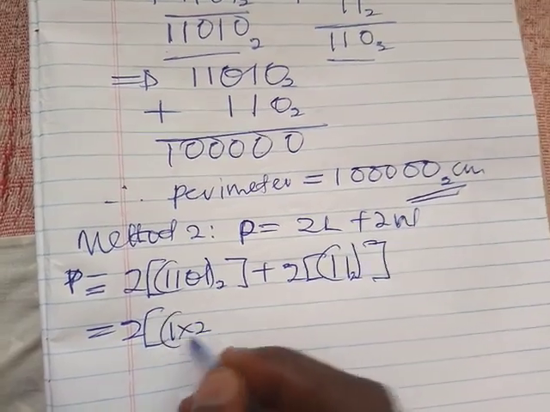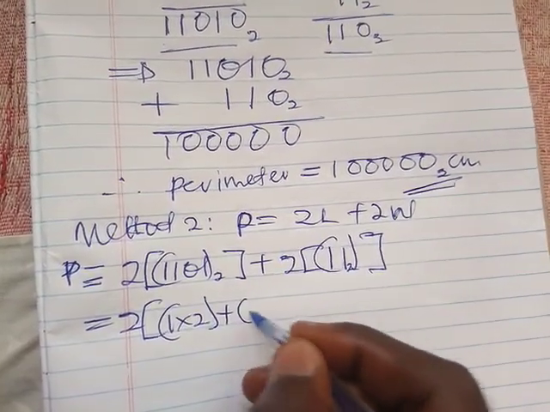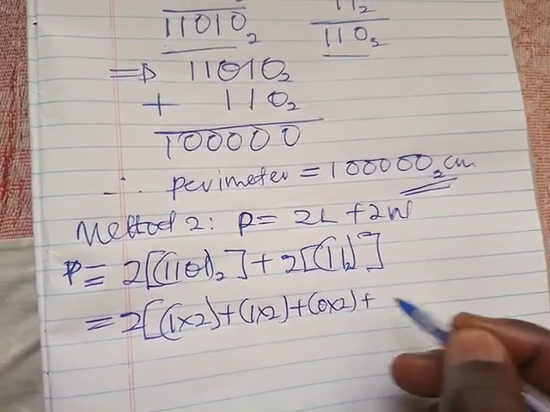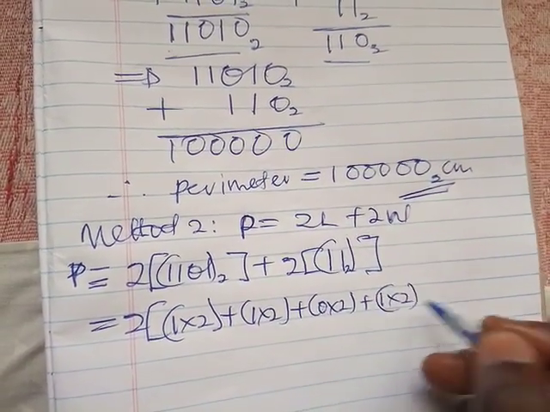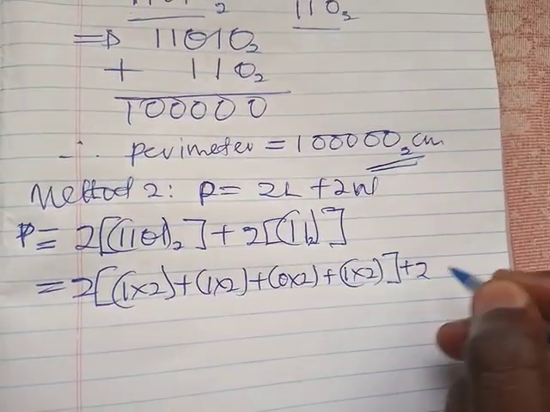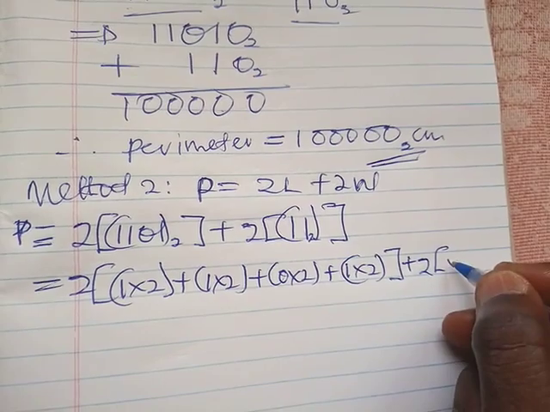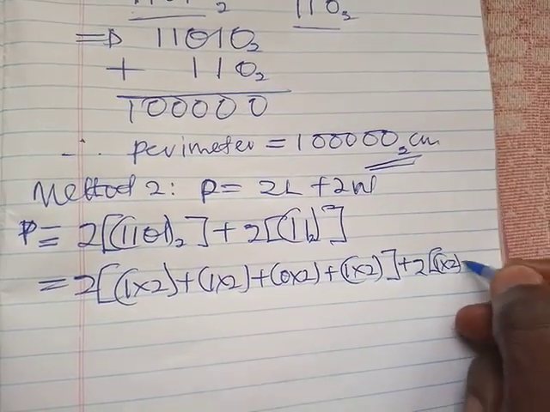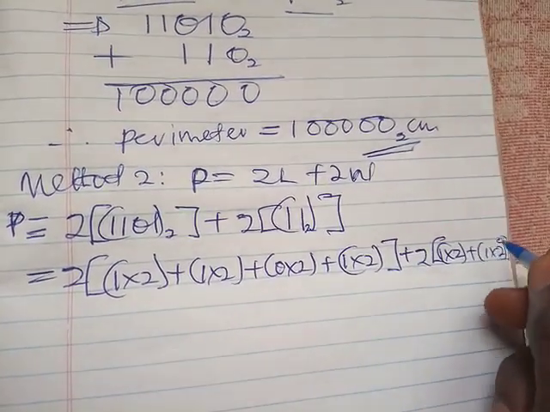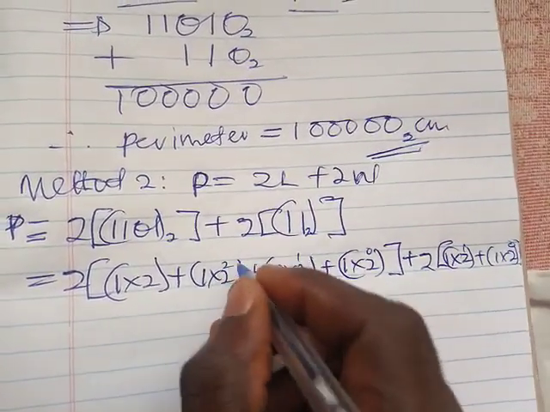That's 1 times 2 to the power 3 plus 1 times 2 squared plus 0 times 2 plus another 1 times 2 to the power 0. This is for the length. Now let's look at the width. That's 1 times 2 plus 1 times 2 to the power 0.